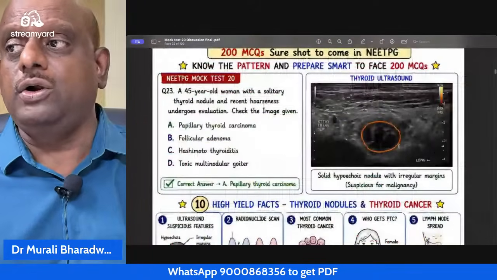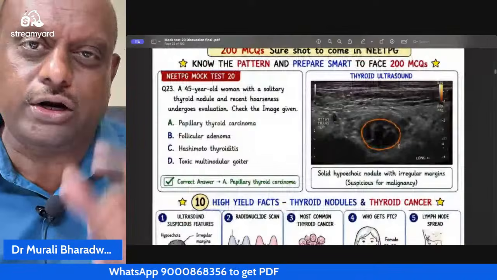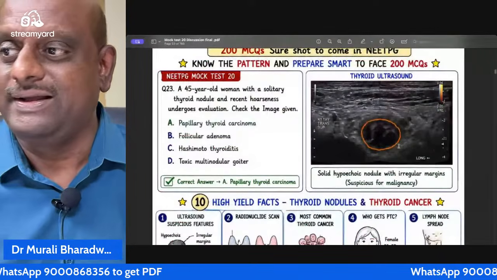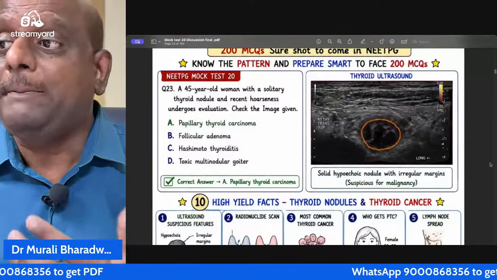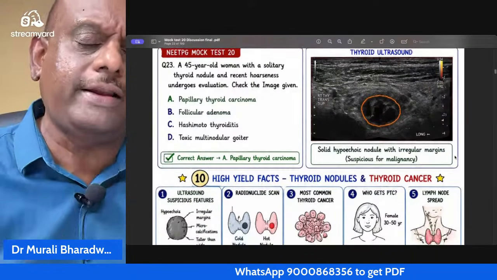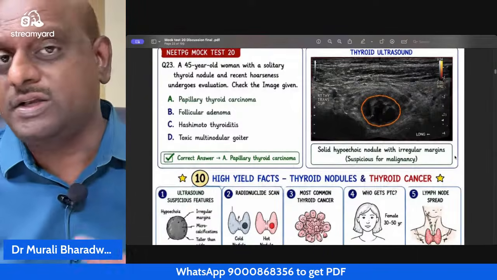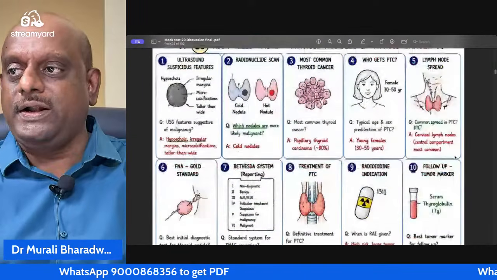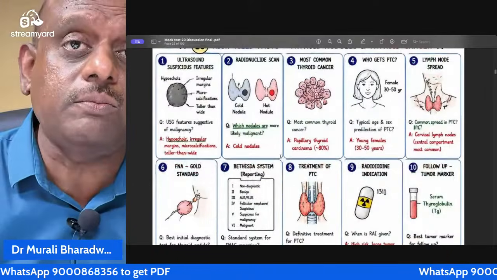Now, a 45-year-old woman with a solitary thyroid nodule and recent hoarseness undergoes evaluation. So what do you see here, doctor? Papillary thyroid carcinoma. Any solid hypoechoic nodule with irregular margins is suspicious of malignancy, is what you need to remember. Which nodules are more malignant?